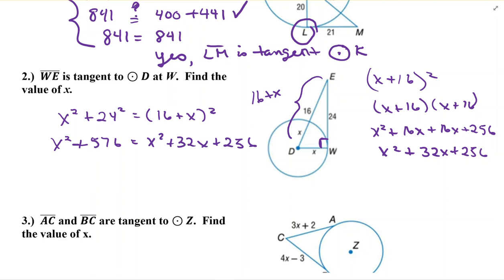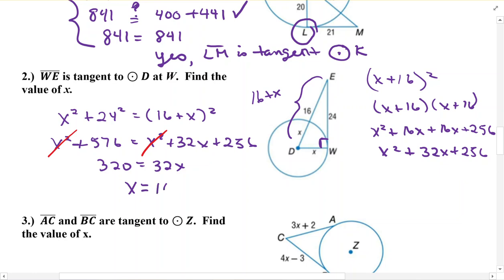Both sides have an x squared, so if I subtract x squared from both sides, that goes away. If I subtract 256 from both sides, I have 320 equals 32x. So x would equal 10.